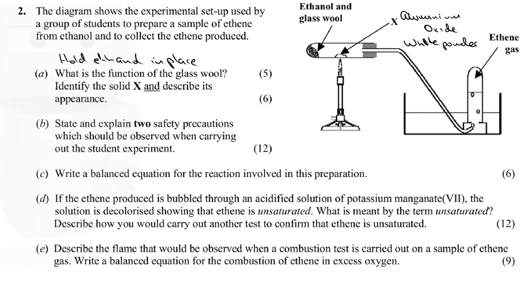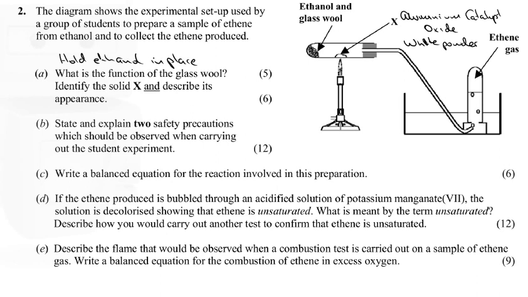Now, I know the question doesn't ask you that, but what does this aluminium oxide, this white powder, do? It acts as a catalyst, just in case you were asked. And that simply means that it helps to speed up the dehydration of this particular alcohol into this particular alkene.